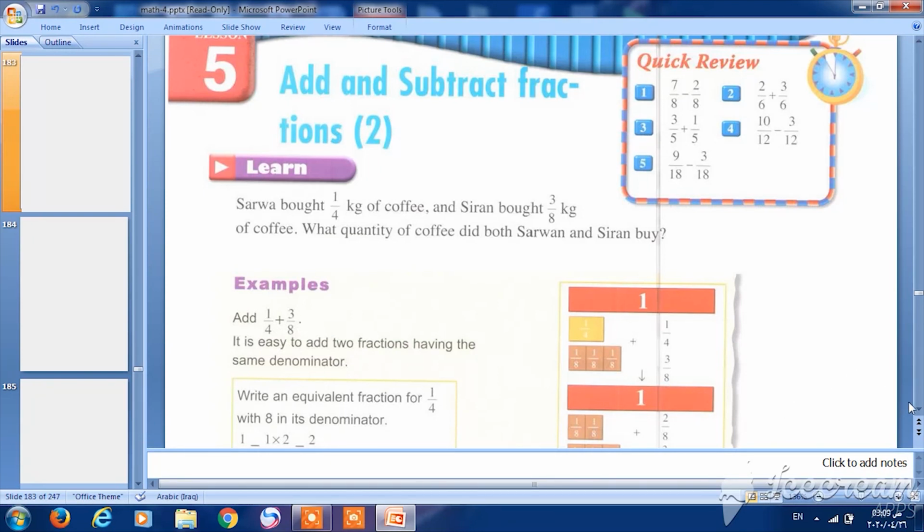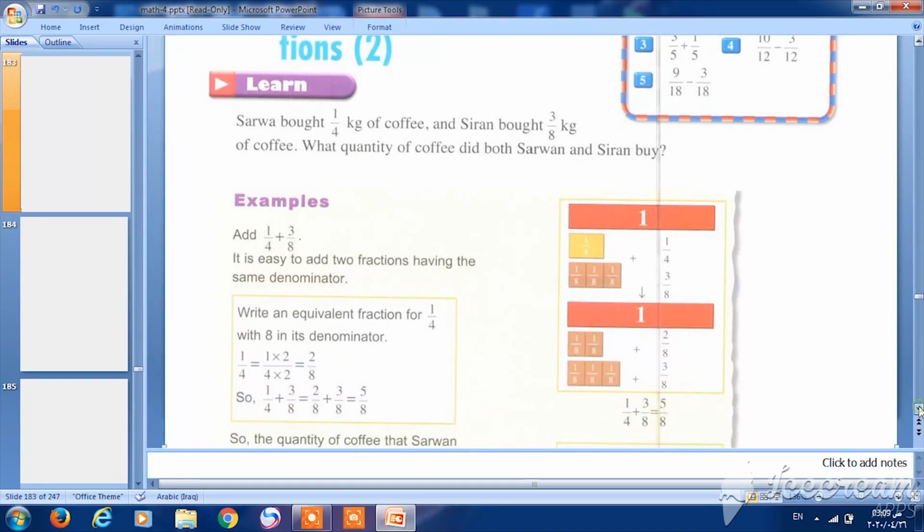We take the fraction that has the smaller denominator. Look, 4 is less than 8, so we find an equivalent fraction for this fraction. How can you change 4 to 8? Which number can I multiply by 4 to get 8? We can multiply by 2.